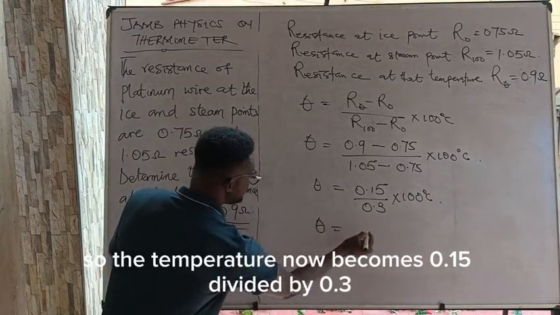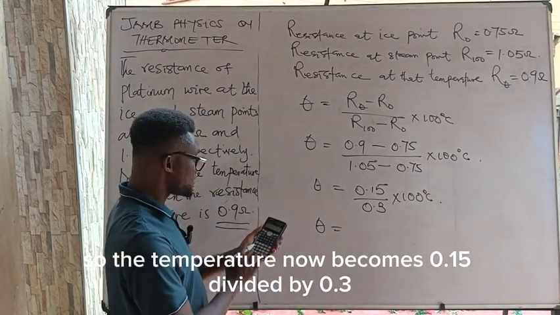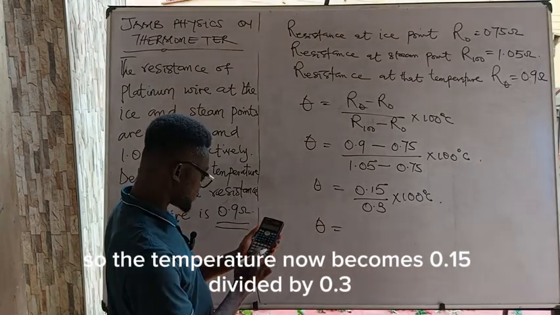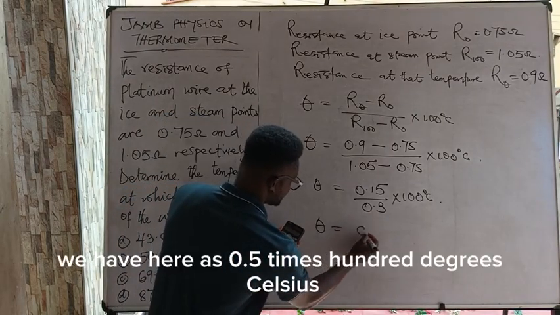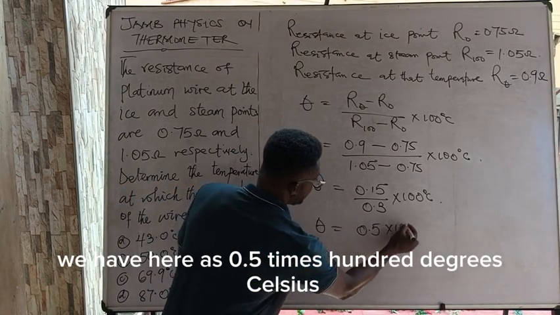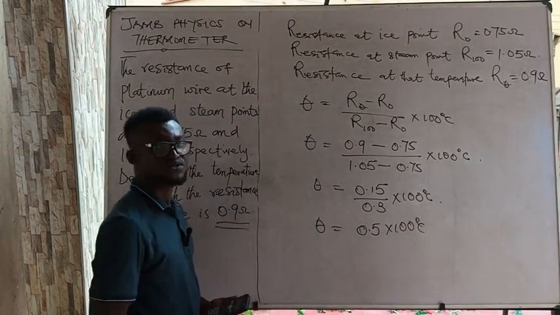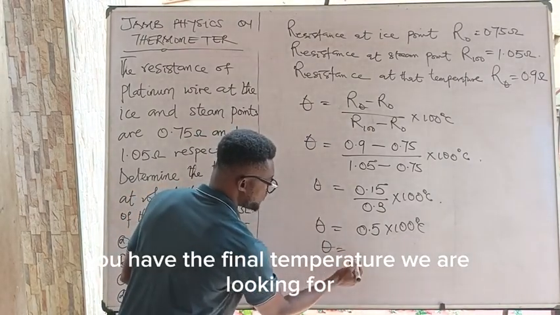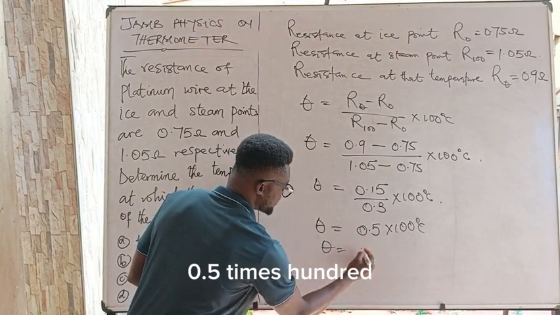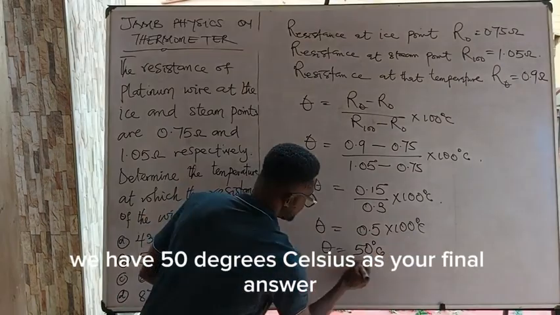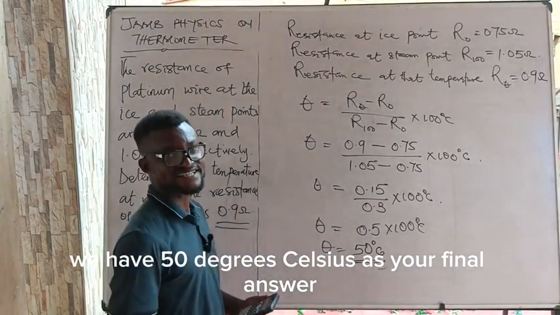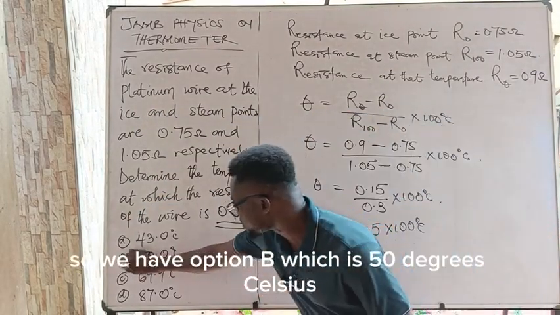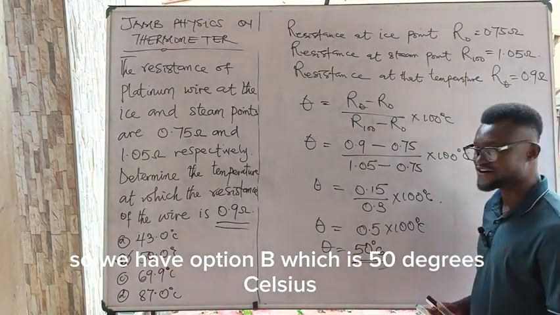So the temperature now becomes 0.15 divided by 0.3. We have here as 0.5 times 100 degrees Celsius. So if you multiply this together, you have the final temperature we are looking for. 0.5 times 100, we have 50 degrees Celsius as your final answer. So we check the one that matches the options. So we have option B, which is 50 degrees Celsius.